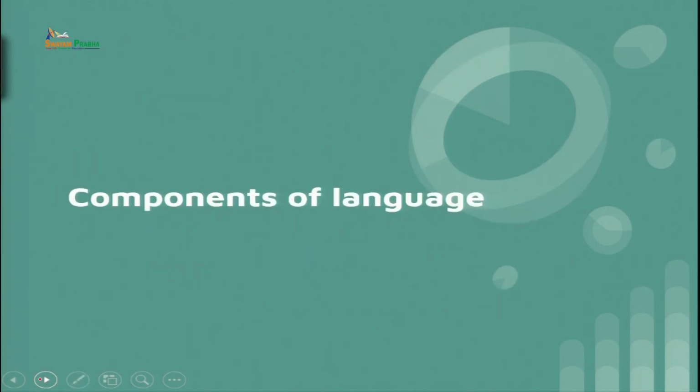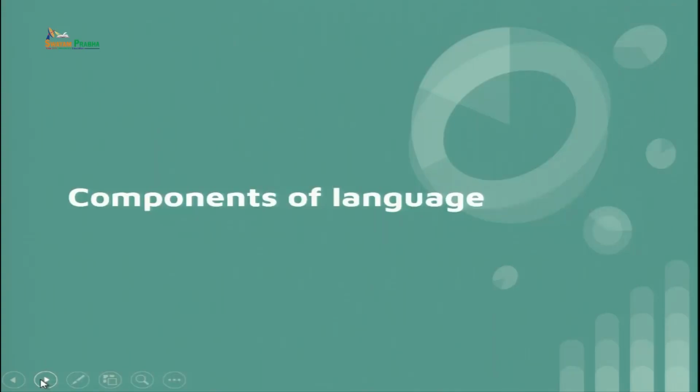Now, let us proceed towards the important components of language. So, dear learners, when we talk about the components of language learning, we cannot forget that our utterances are generally divided into two main things. What are those?